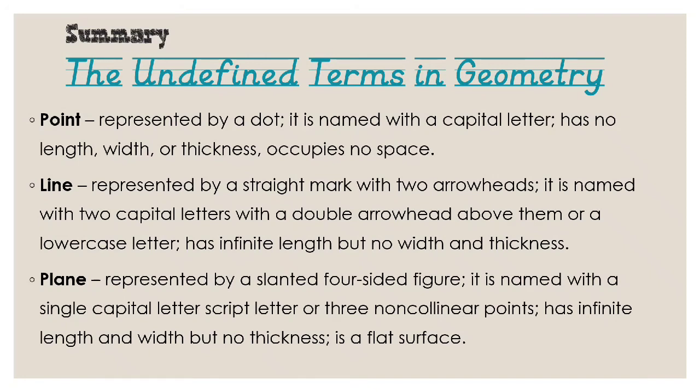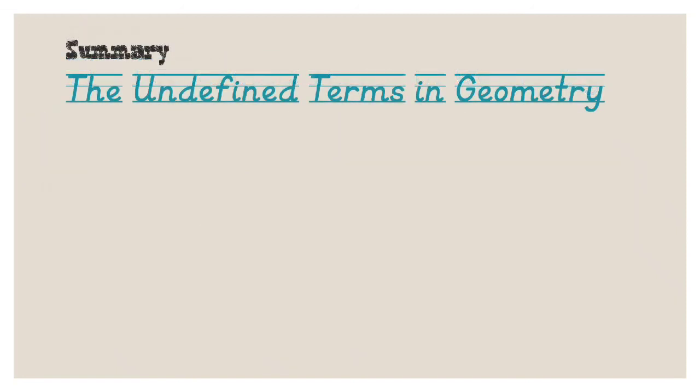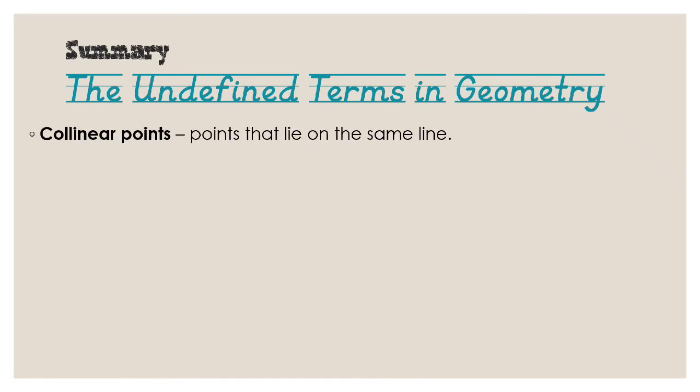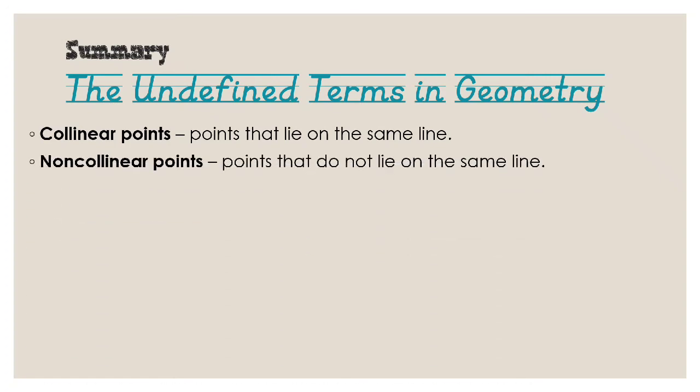So next, we have these other concepts related to this topic, which are, first term is the collinear points. So these are points that lie on the same line. Next, we have the non-collinear points. So this is the opposite of collinear points.